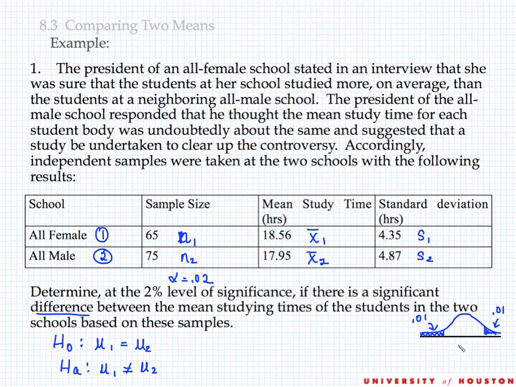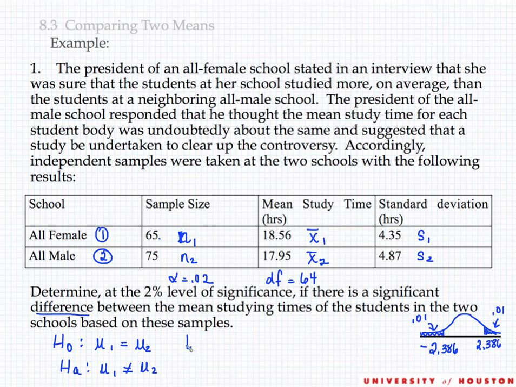My smaller of these two sample sizes is 65, so we're going to use a degrees of freedom of 65 minus 1, which is 64. So I'm going to use inverse t or QT of 0.01 with 64 degrees of freedom, and that's going to give me negative 2.386, and this one would be 2.386, the positive value.